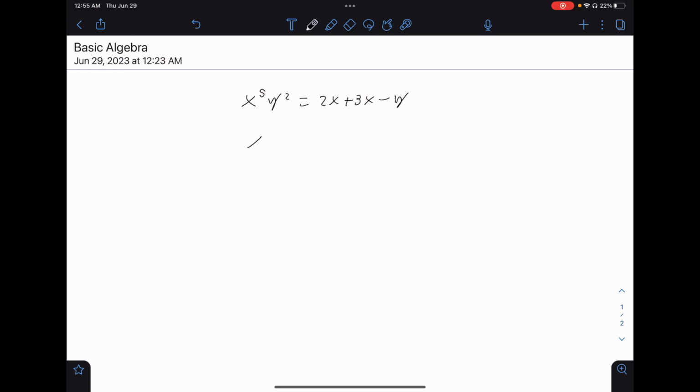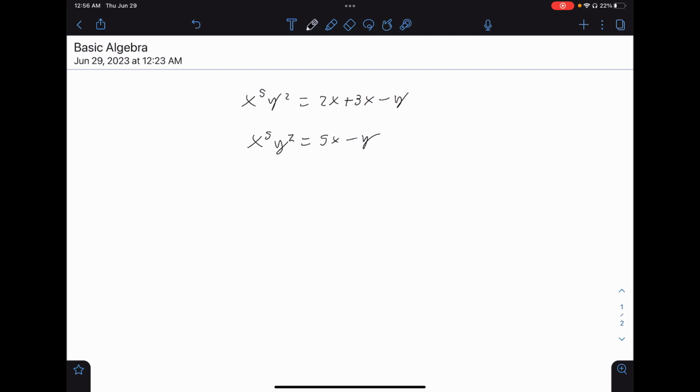So let's do that. So we have x to the fifth, y squared is equal to, okay, we have like terms here, 2x and 3x are like, so add them together, 5x. Is anything like with y? Nope, so just keep it there, minus y. Now we're going to solve for x to the fifth. So y is multiplied with x, connected through multiplication.